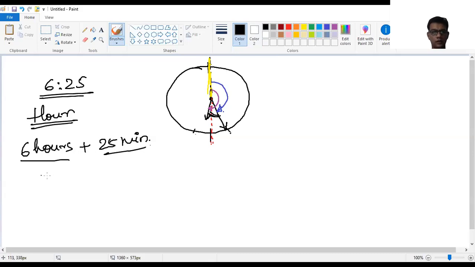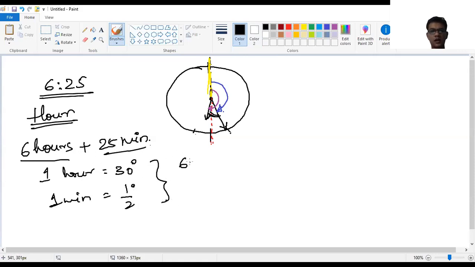I know that for every hour, the hour hand moves 30 degrees, and every minute, the hour hand moves half a degree. Right? So for 6 hours, the hour hand would have moved 6 into 30 degrees, and for 25 minutes, half into 25, half a degree every minute. 6 into 30 is 180 degrees, plus 25 by 2 is 12.5.